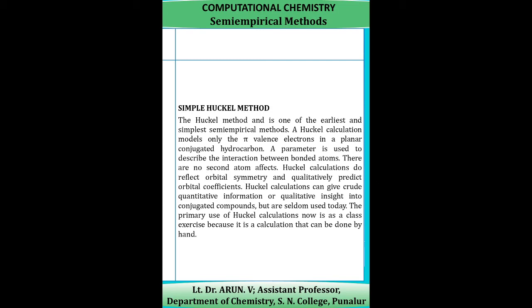There are no second atom effects. Huckel calculations do reflect orbital symmetry and qualitatively predict the orbital coefficients. Huckel calculations can give crude quantitative information or qualitative insight into conjugated compounds, but are seldom used today. The primary use of Huckel calculation now is as a class exercise because it is a calculation that can be done by hand.